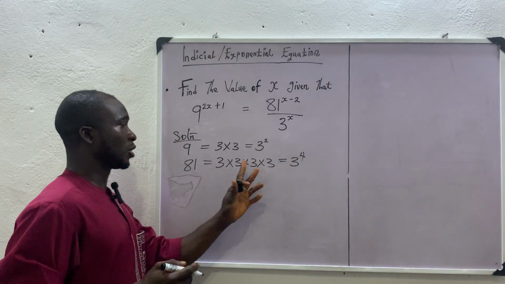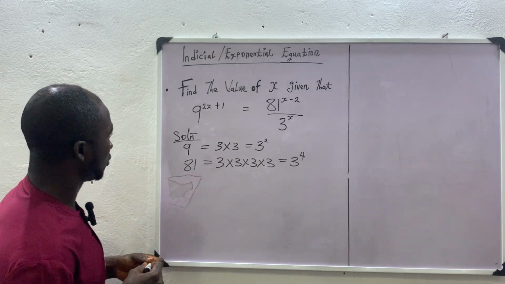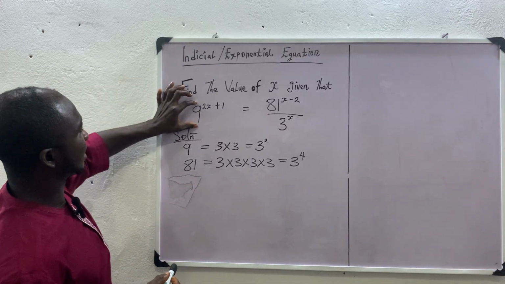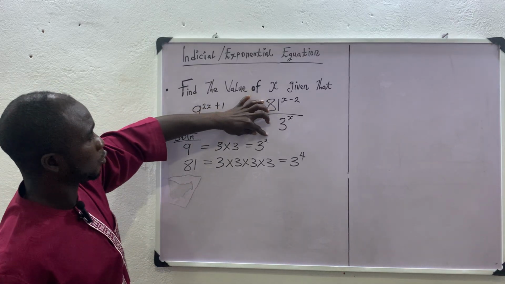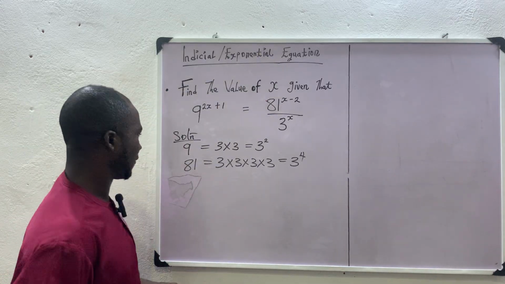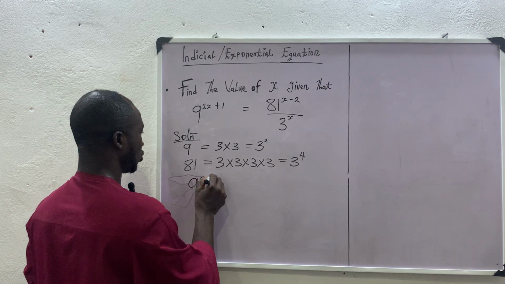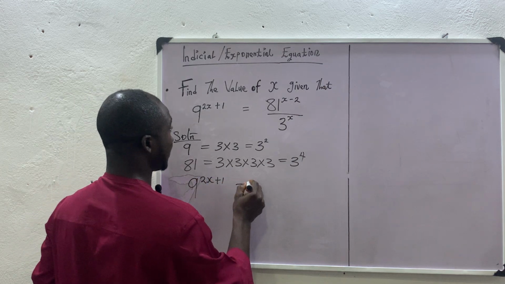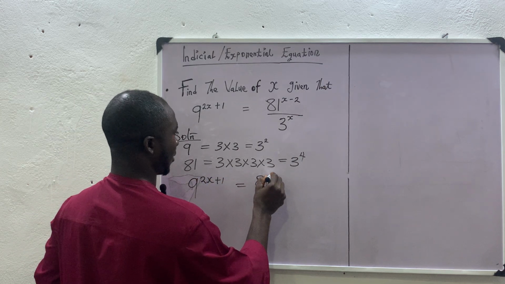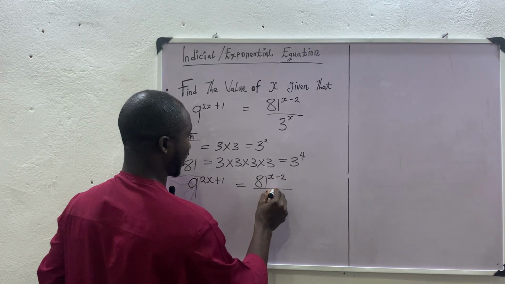That is, 3 multiplied 4 times will give us 81. So what we do now is to replace this 9 by 3 raised to power 2 and replace this 81 by 3 raised to power 4. In other words, 9 raised to power 2x plus 1 is the same thing as 81 raised to power x minus 2 divided by 3 raised to power x.